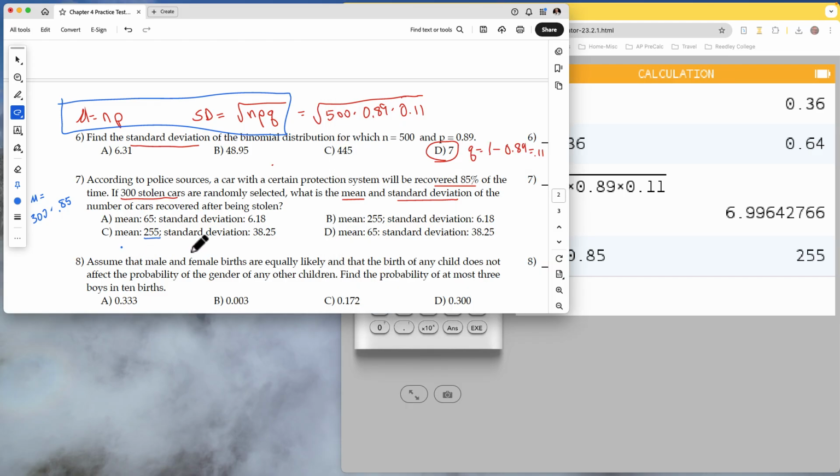So it's either C or it's B. Standard deviation is going to be the square root of 300 times 0.85 times the complement of 0.85, or the complement to 1 is going to be 0.15, right? Probability of a failure, so 85% success, 15% failure. We multiply that out. Am I going to guess? Are we going to get that or that?